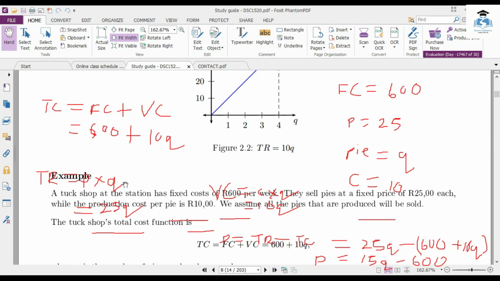If we want to calculate the total revenue, what do we do? And also, if we want to calculate the profit, what do we do? But if you look at this, it's not even stated clearly, or they didn't say you need to calculate this and this and this.